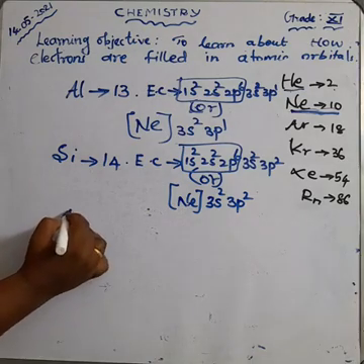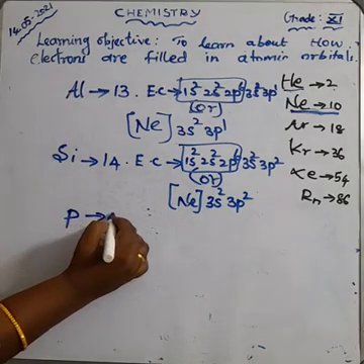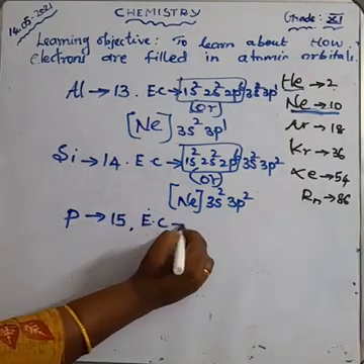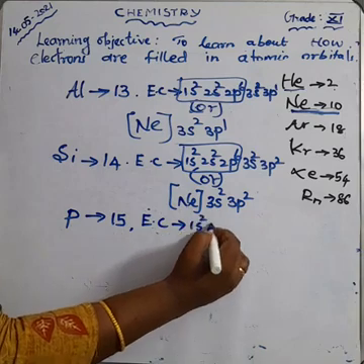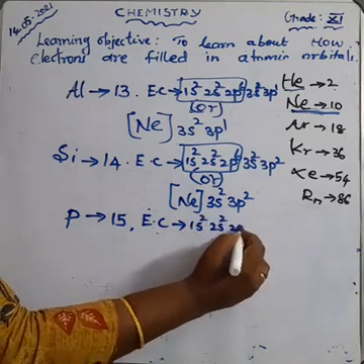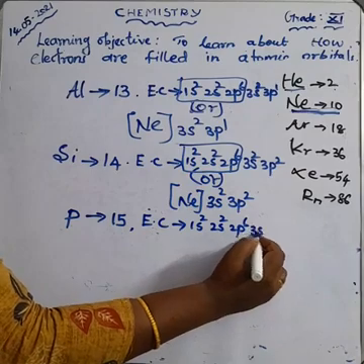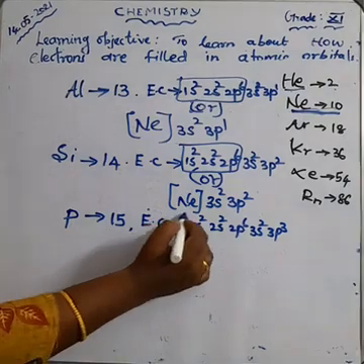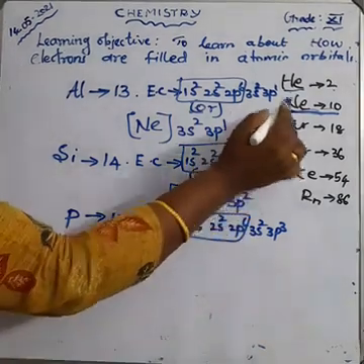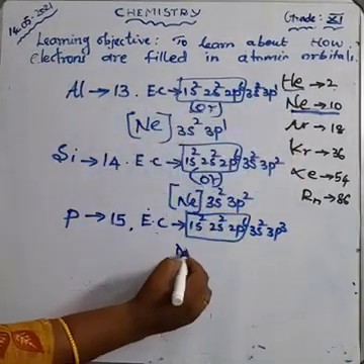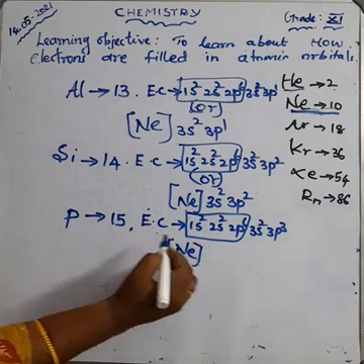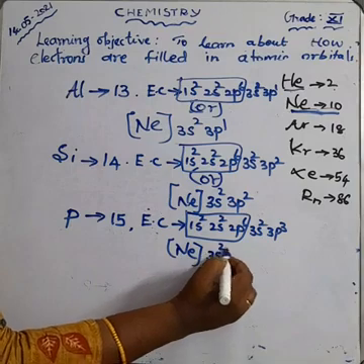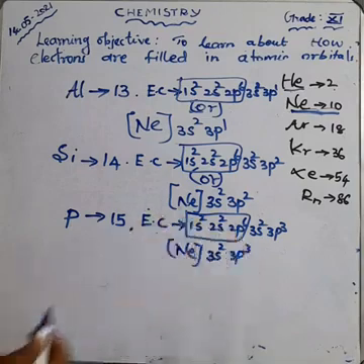And then phosphorus. You know the atomic number for phosphorus is 15. So the electronic configuration for phosphorus: 1s2, 2s2, 2p6, 3s2 and 3p3. Instead of these 10 electrons we can take neon, because neon is the nearest noble gas for phosphorus. Neon and then 3s2, 3p3.